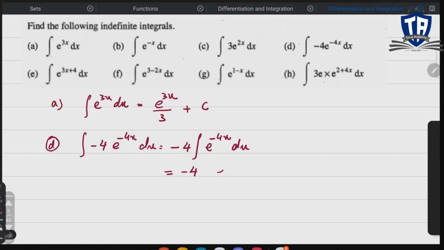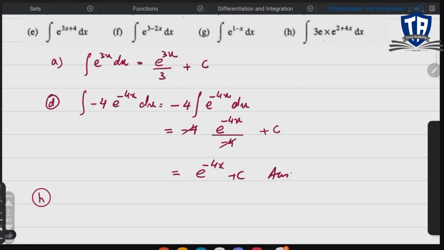And the rule says we write the exponential function as it is, and then we divide it with the derivative of the power. Let's find the derivative of the power. It is minus 4. So we divide it by minus 4, and then we put a constant with plus sign. Minus 4 and minus 4 cancel, e power minus 4x plus c. So this is the answer.